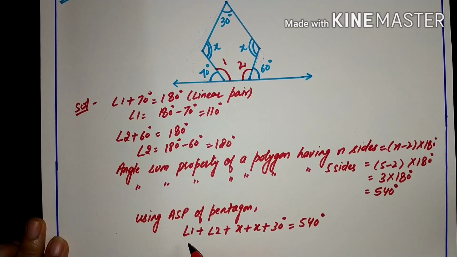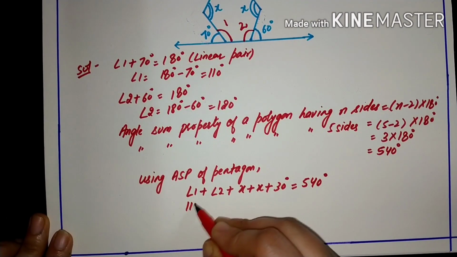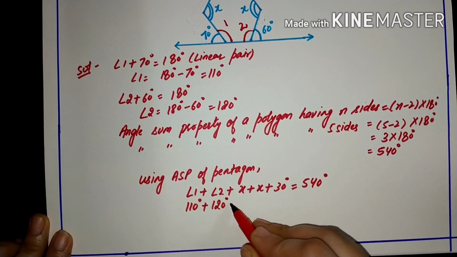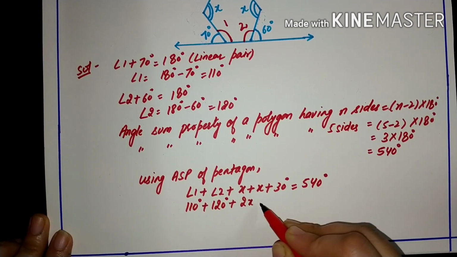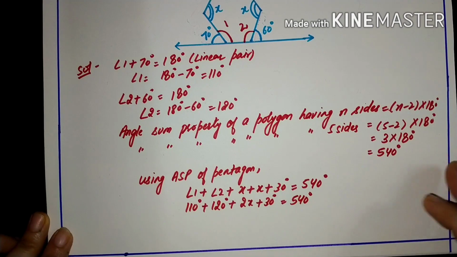Now angle 1's value is 110, angle 2 is 120, x plus x is 2x, plus 30 degrees, that is equal to 540 degrees.